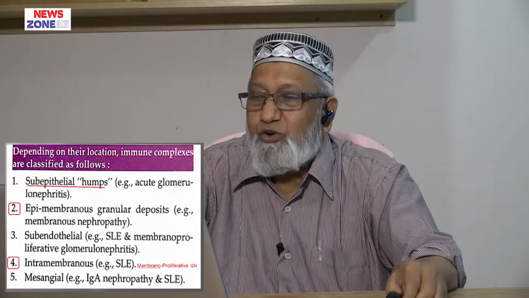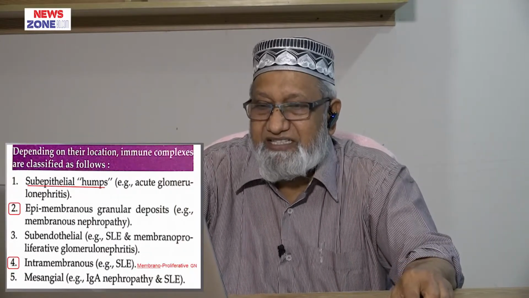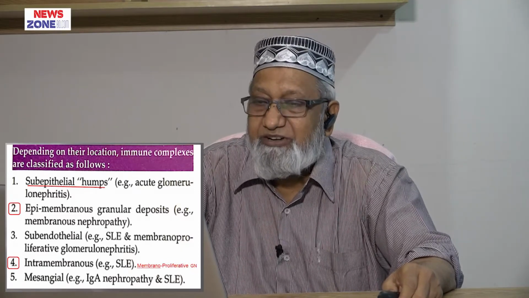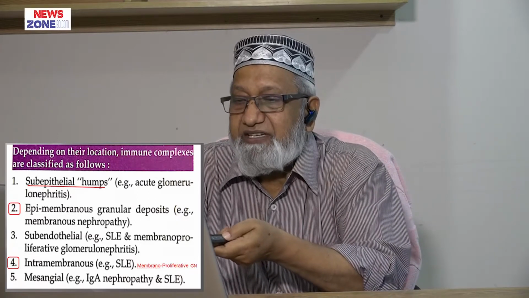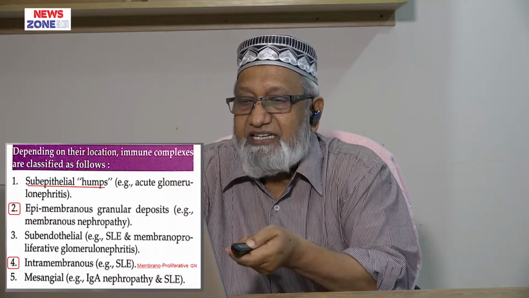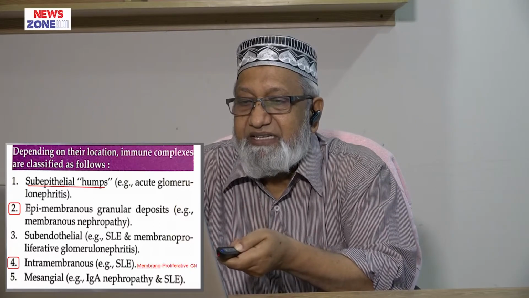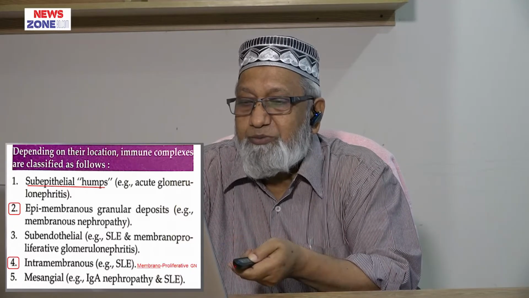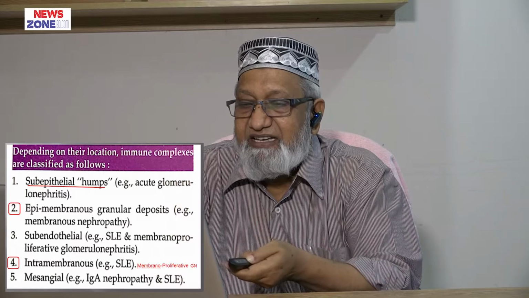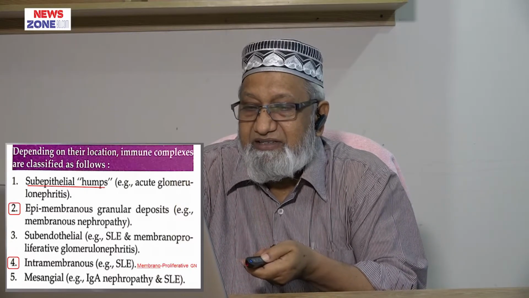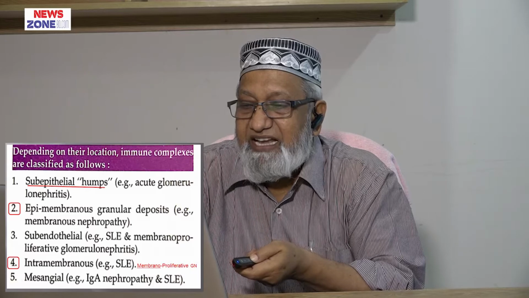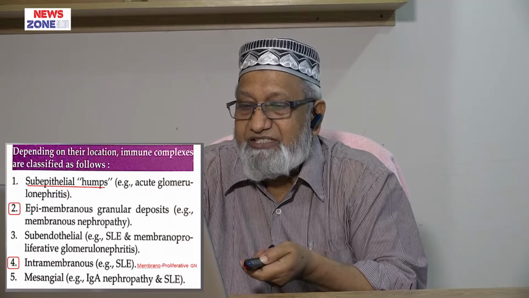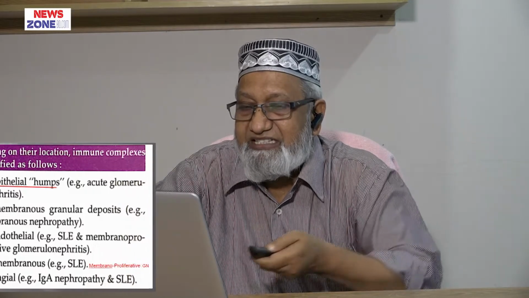So depending upon the location of the immune complex, diseases are classified: subepithelial hump, found in acute glomerulonephritis; epimembranous granular deposits, found in membranous nephropathy; subendothelial deposits, found in membranoproliferative glomerulonephritis and SLE; intramembranous proliferation occurs in SLE and membranoproliferative GN; and mesangial deposits are found in IgA nephropathy and SLE.